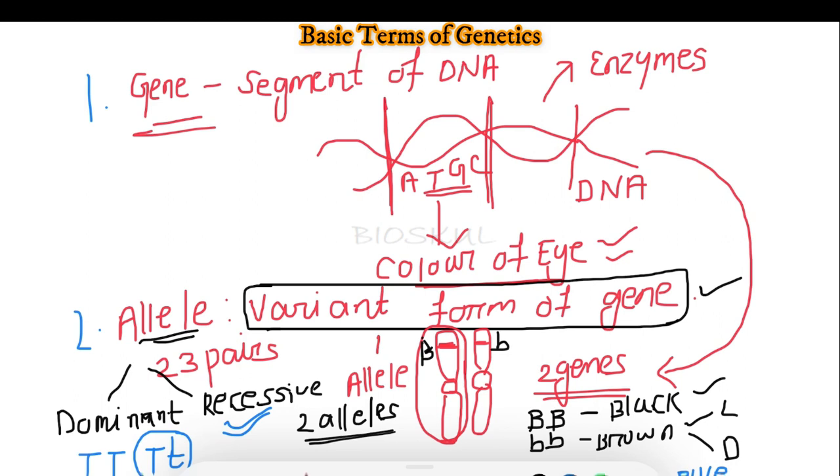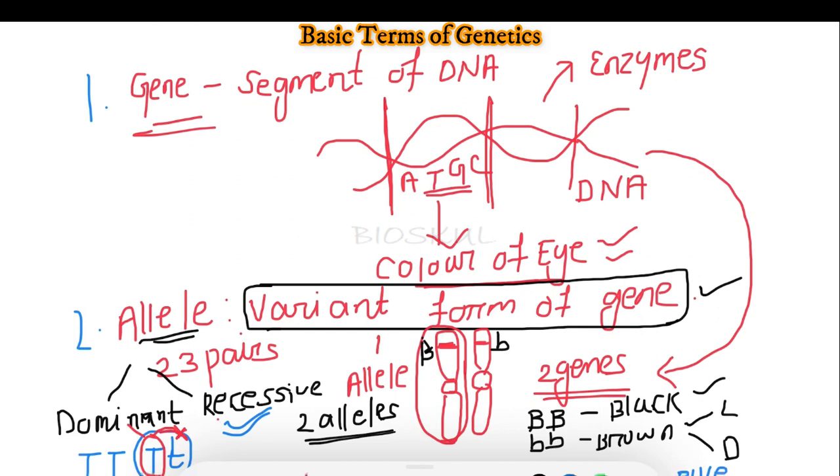So here the allele that overrides the other allele is known as the dominant allele. So what is a dominant allele? A dominant allele is that allele which suppresses the expression of the other allele. Then what is a recessive allele?